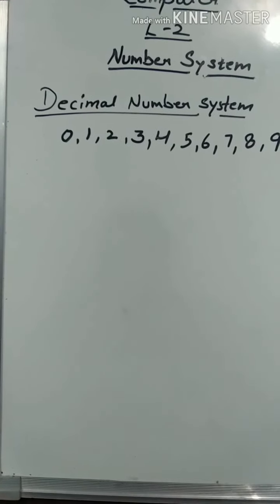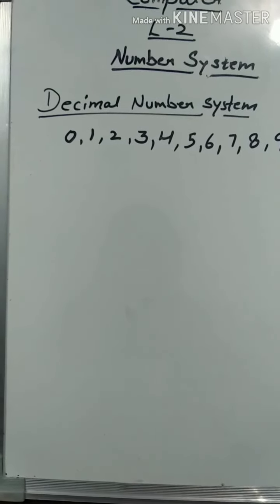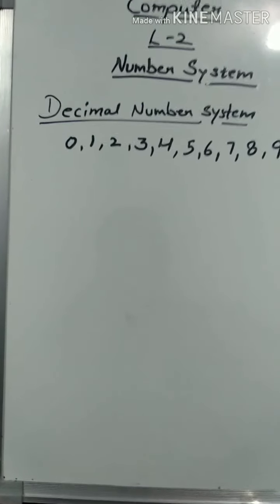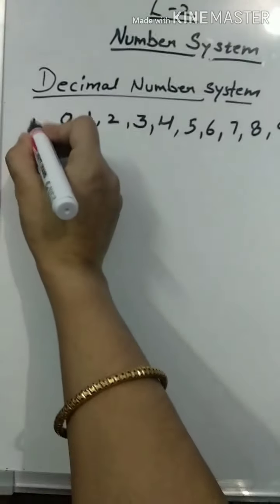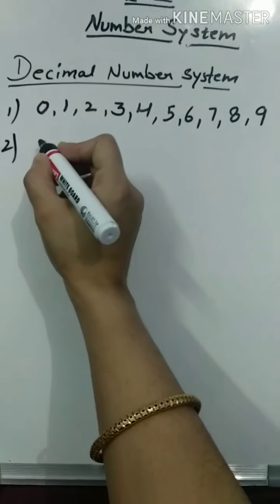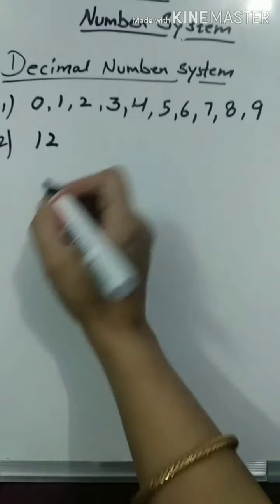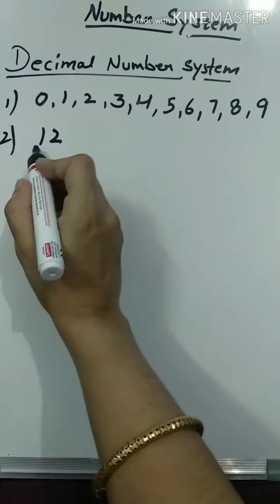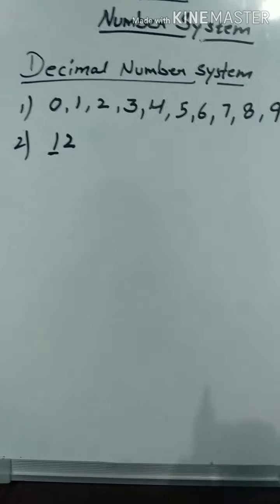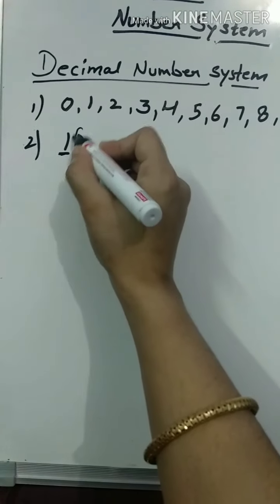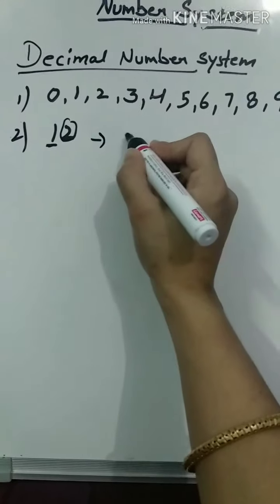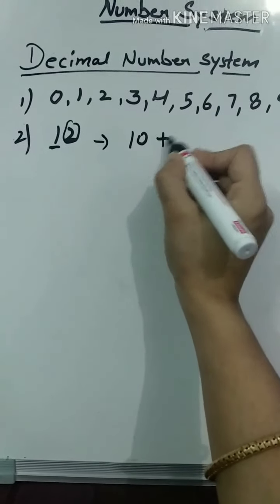Each place in a number has 10 times the value of the place to its right. Like if we write 12, then the place of 1 is 10 times that of 2.